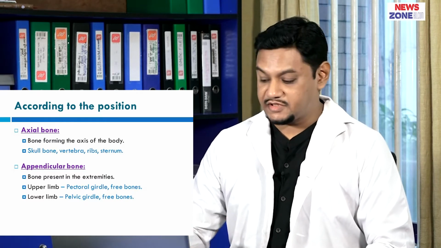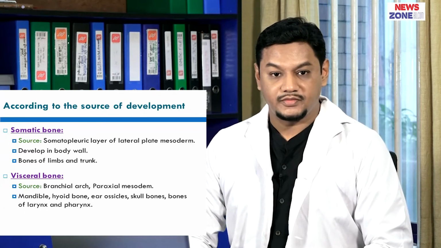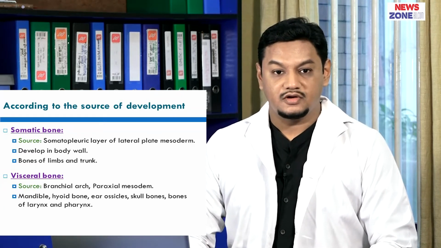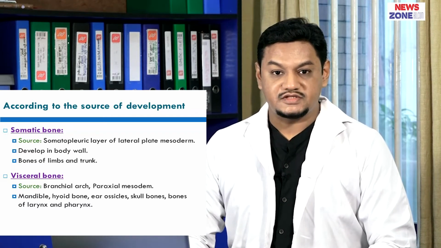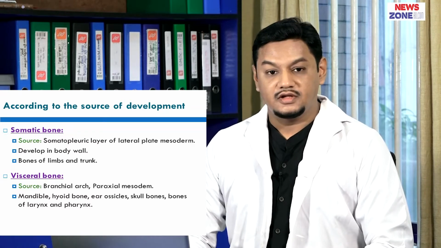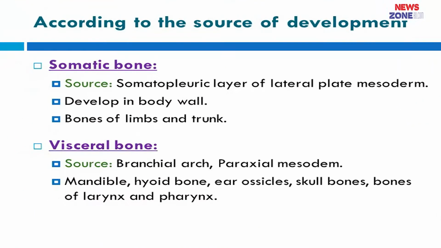Now another classification is present according to the source of development. In the source of development, the bones are commonly coming from the somatopleuric layer of lateral plate mesoderm. These kinds of bones are forming the bones of our body wall, like the bones of our limbs and all the bones of our trunk.